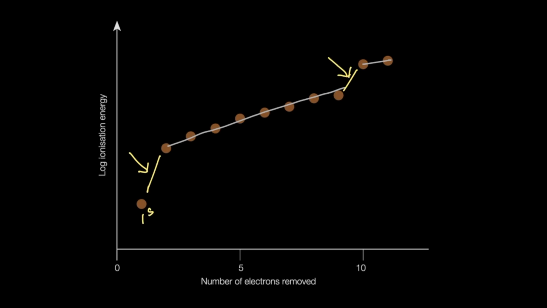Between the first and the second was a very obvious jump, and between the ninth and the 10th was a very obvious jump. That should tell you that there is one electron in the outermost shell, 8 in the inner ones, and 2 in the innermost ones. And that's basically what's happening in this graph.